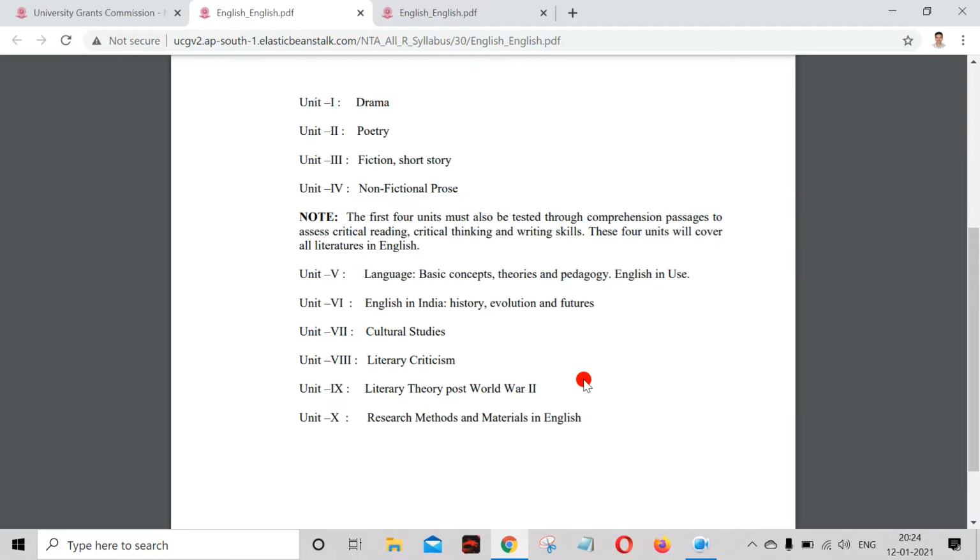And the last area, here we have research methods and materials in English. Now dear students, if you look at this 10th unit, it is newly introduced, and this includes research methodology, basically research methodology in language and literature, and what kind of material should be used for the preparation of any research topic.